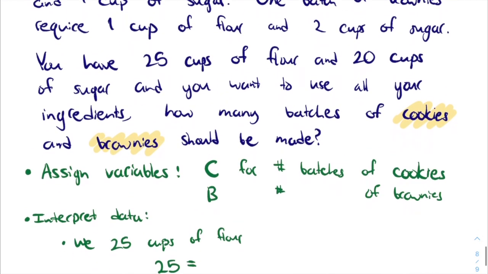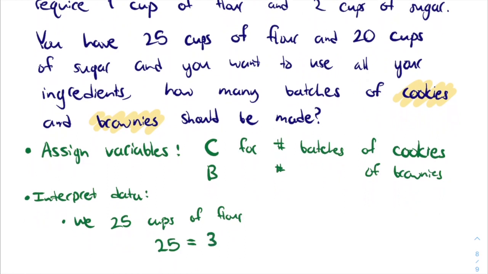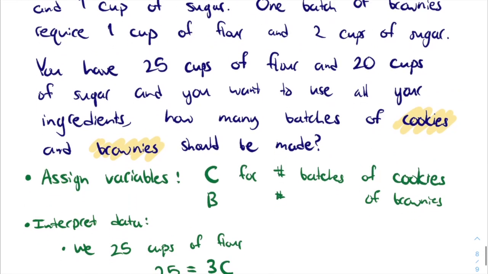Each batch of cookies required 3 cups of flour. And we should also be considering how many cups of flour each batch of brownies made. Since each batch of brownies required 1 cup of flour, we get the equation 25 equals 3C plus 1B.